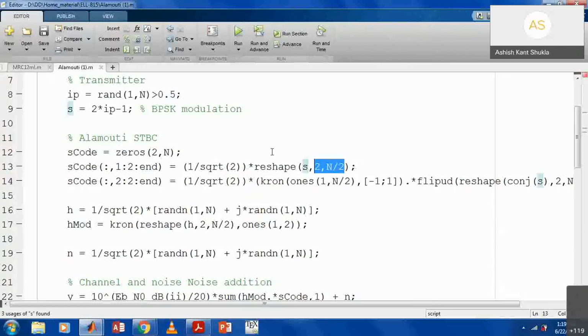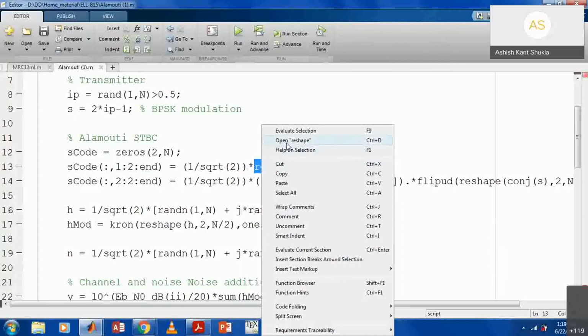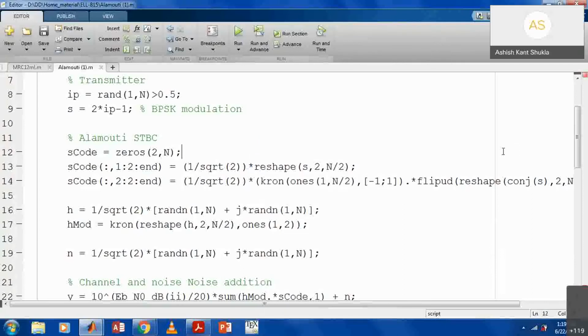You can also check what this command is doing using help on selection. Basically this reshape command is converting your S matrix to a 2 cross n by 2 matrix. So all the odd elements of our S code matrix will be filled by this term.